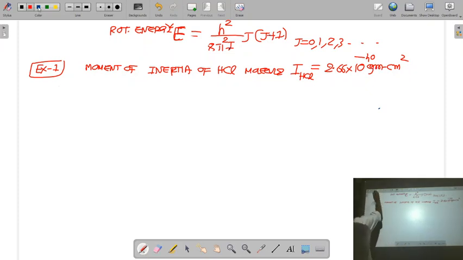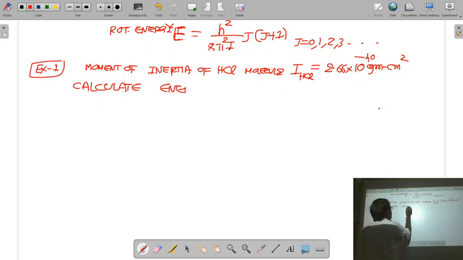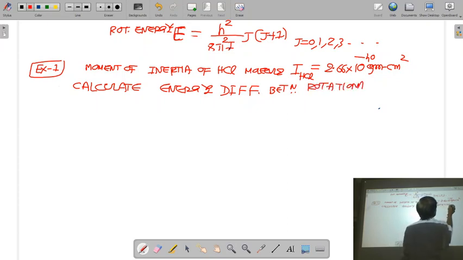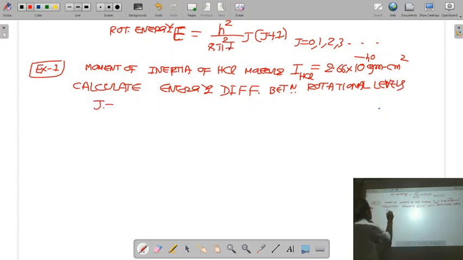You are asked to calculate the energy difference between the rotational levels J is equal to 0 and J is equal to 1. The reduced mass is not required here, so I am not going to give the value of reduced mass.